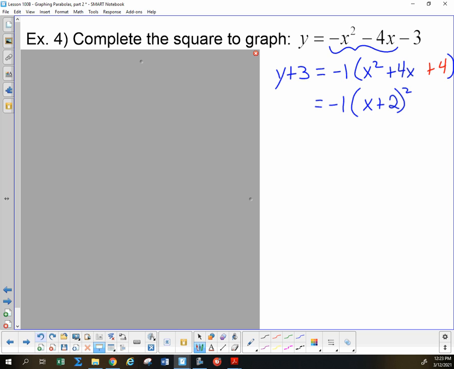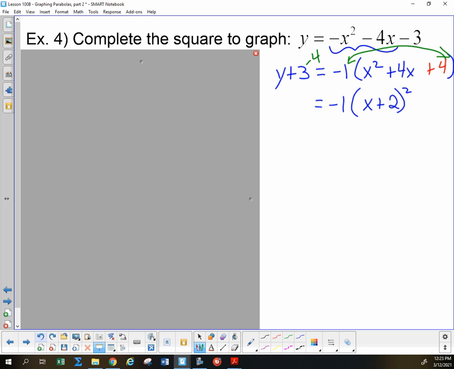But I have to be careful. That is not really a plus 4, it is really a plus 4 that gets multiplied by a negative 1. So it is really a minus 4 that I just did on the right-hand side. So I have to do a minus 4 over here on the left-hand side to match that.